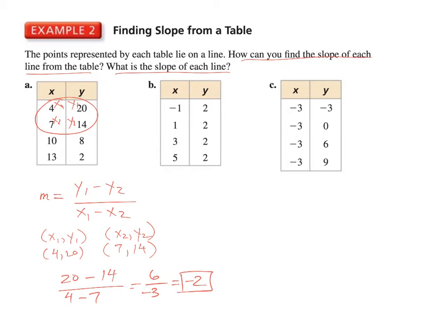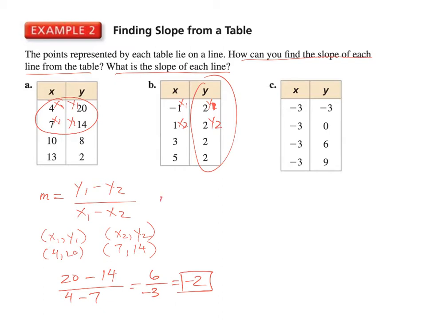Then for part B, same deal. Just going to choose the first 2 points. Notice that the y values don't change. They're all the same. You may be able to draw on your knowledge from the previous lesson.